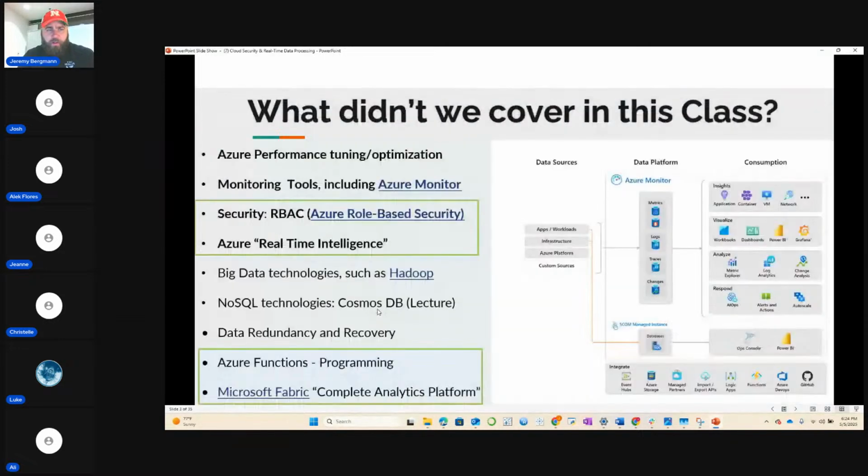Some of the other topics we won't cover quite as much are Azure performance tuning and optimization. Some of this has to do with configuration, and some of it is just writing better code or designing better pipelines and so forth. That's a little bit outside of the scope of this class.